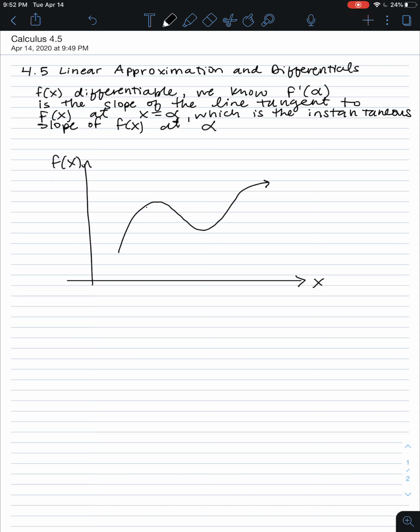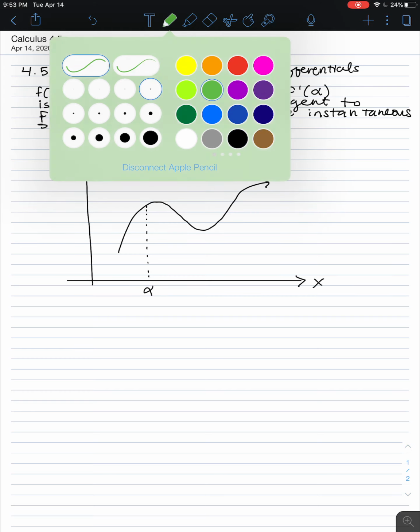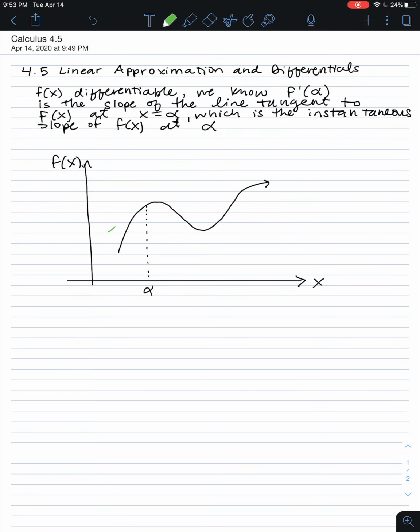And let's label a point alpha, and then I'm going to draw in my tangent line. Ooh, that was a pretty good tangent line. Okay.